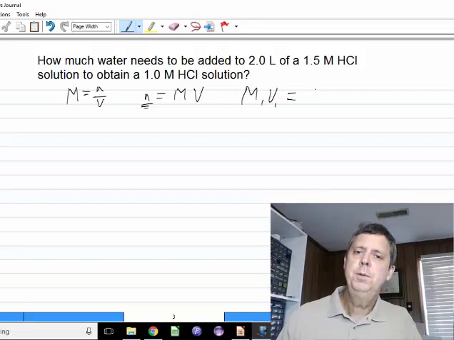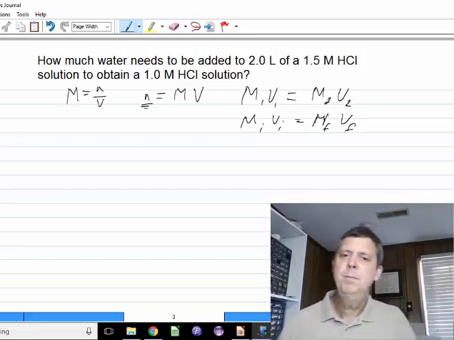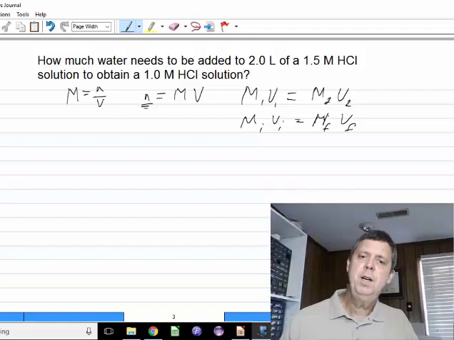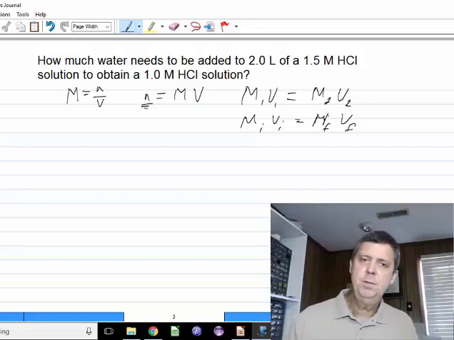M1V1 equals M2V2. Or some write it as moles initial, volume initial equals moles final, volume final. Same thing. Just our initial molarity times our initial volume equals our final molarity times our final volume, because both of these equal moles of solute, and that moles of solute is constant.